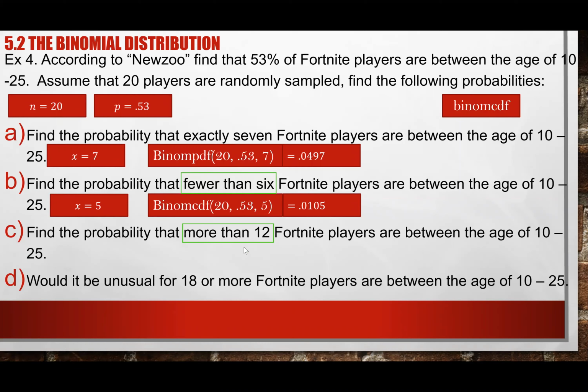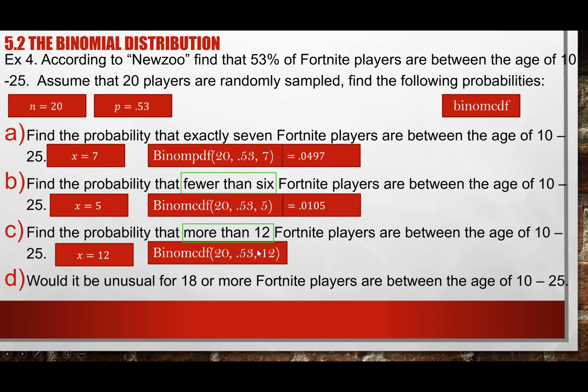So now, what is my endpoint? Remember, more than, unlike 18 or more. This one here, more than 12, whatever number they give us will be my endpoint. My endpoint will be 12, so I type in my calculator 20, comma, 0.53, comma, 12.